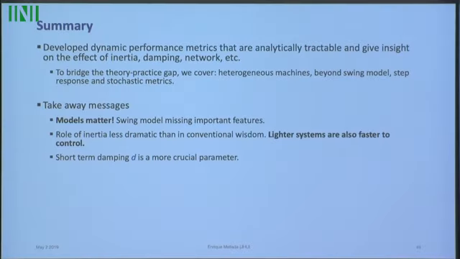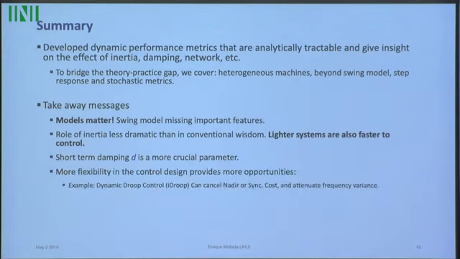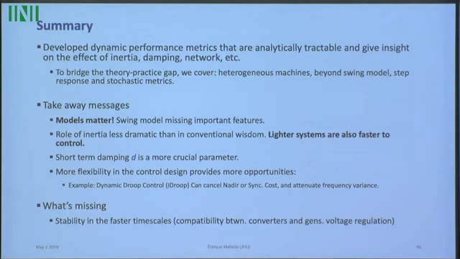If I have to choose a term between inertia and damping to control, I would definitely use damping. And I feel like if you are able to do more flexible things, then I hope I showed that there's a lot of things you can do that actually improves on trivial droop control and virtual inertia. So this is not a complete story, of course. There are a lot of issues still around.